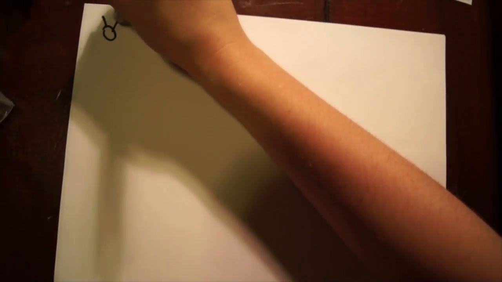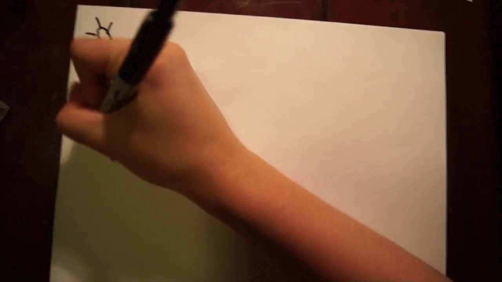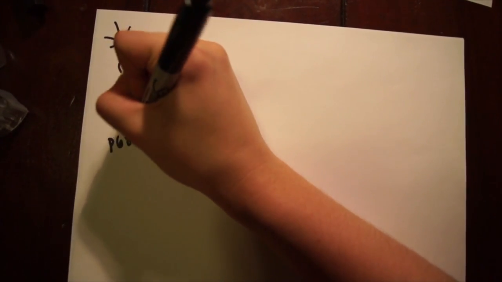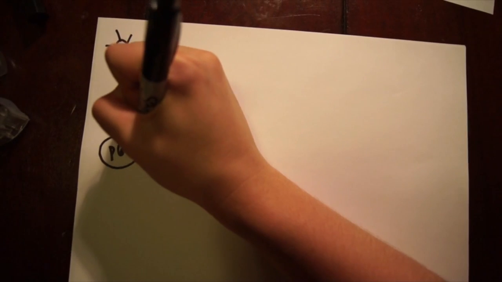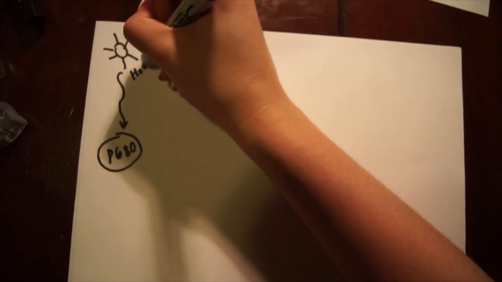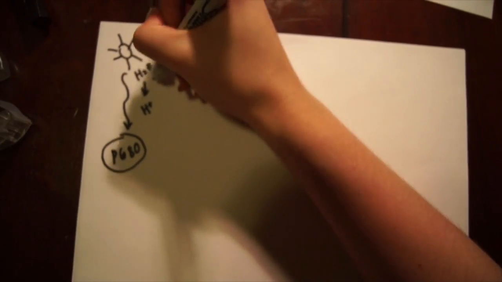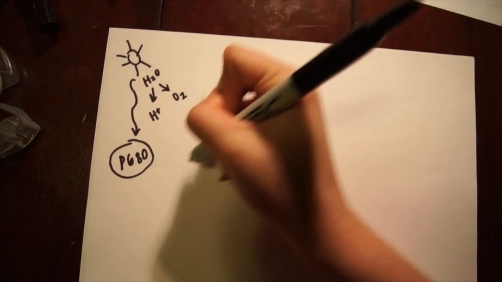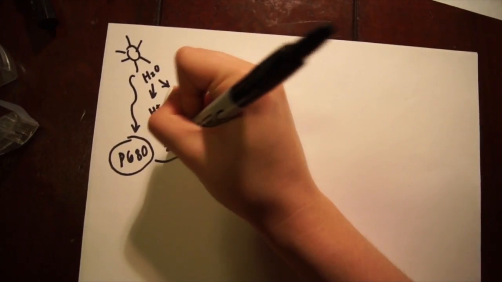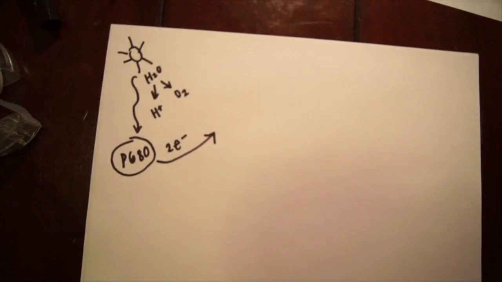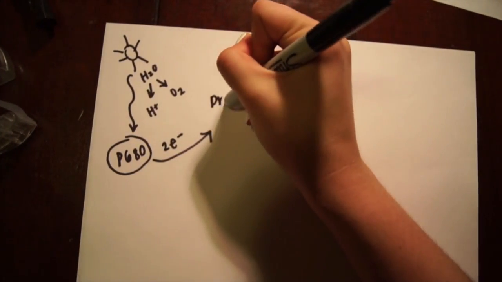First, photons from the sun are absorbed by photosystem 2. The energy from splitting of water causes 2 electrons to be sent to the primary electron acceptor.